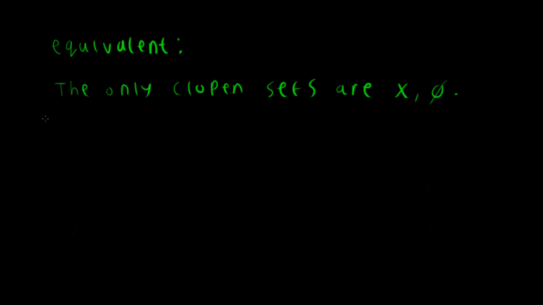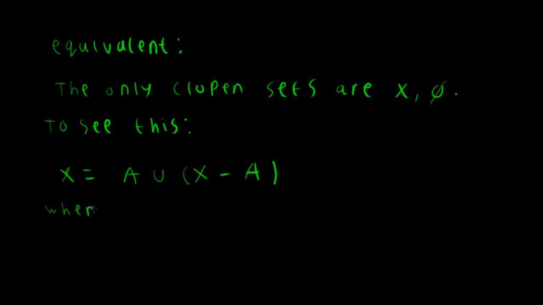Why is that the case? So to see this, we can write X is equal to A unioned with X without A, X minus A. So this is the complement, the points that are not in A. Now, if A is clopen, that means A is open.